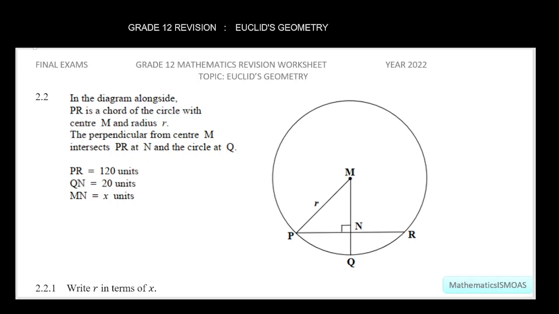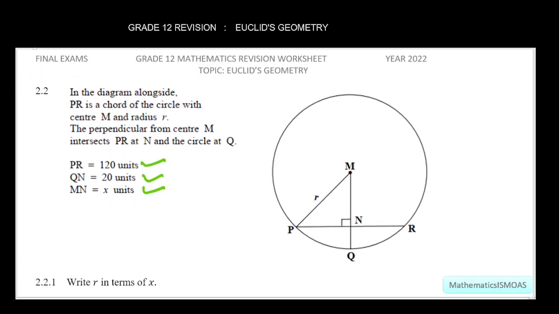We are further given the sizes: the length of PR is 120 units, the length of QN is 20 units, and the length of MN is X units.